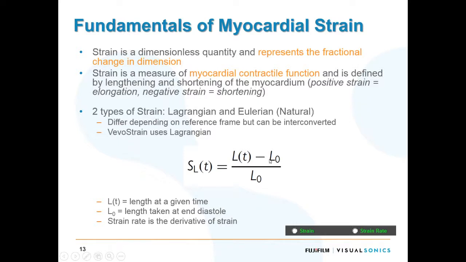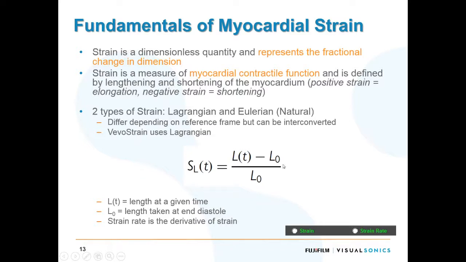And there are 2 types of strain: there's Lagrangian strain and Eulerian strain, also called natural strain. So VevoStrain uses Lagrangian strain, and the only difference between these two is the idea of a reference frame. So Lagrangian strain, which is this equation here, shows that we have an original length, and that original length is the same point no matter when we look, and that's always end diastole.